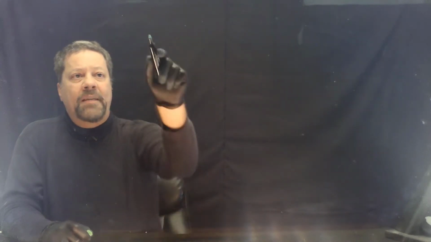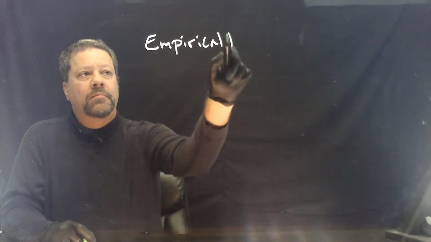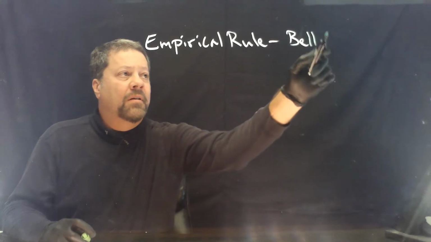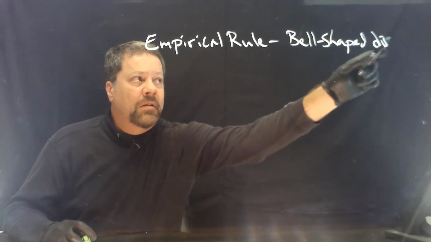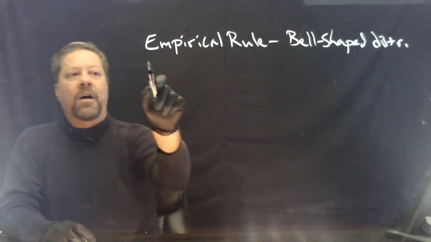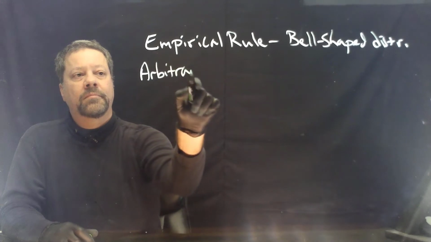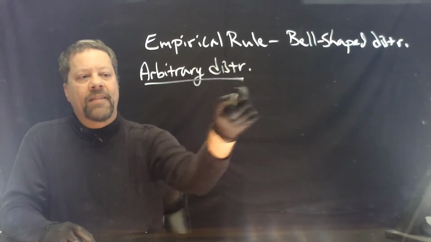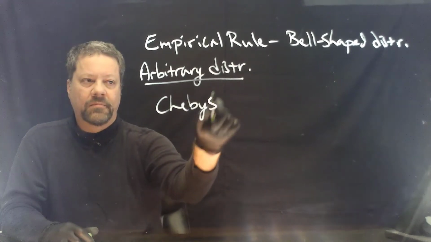You'll remember that the empirical rule was for bell-shaped distributions, but for arbitrary distributions, we have something called Chebyshev's theorem.